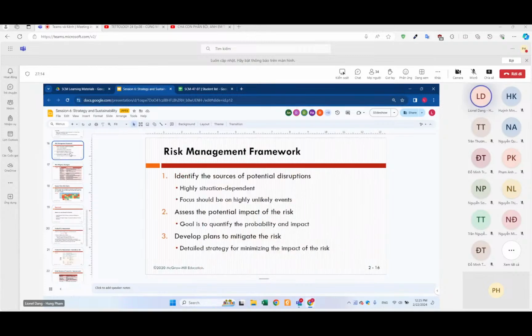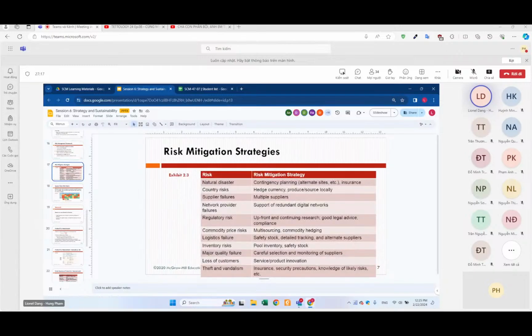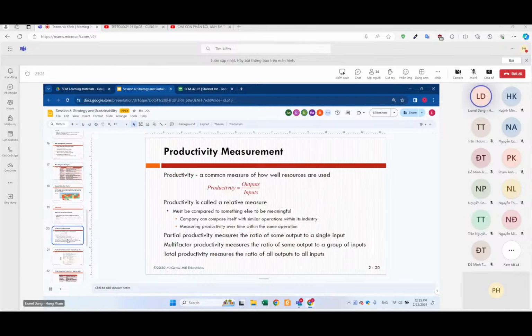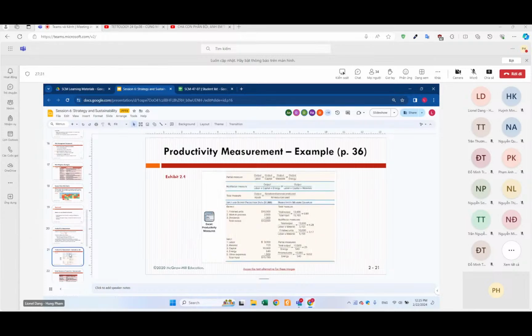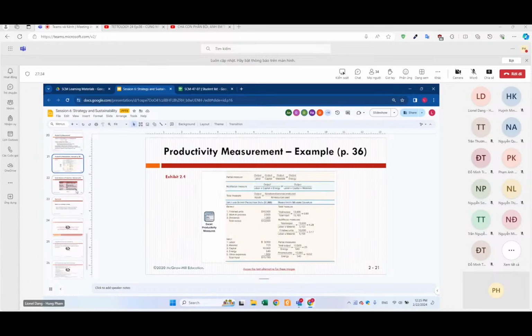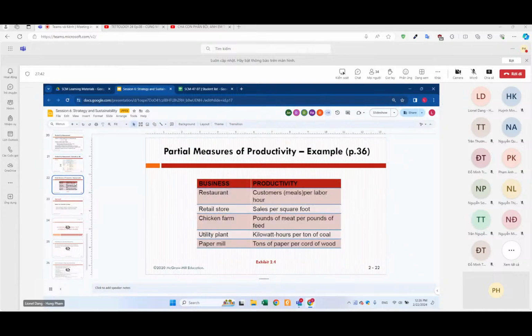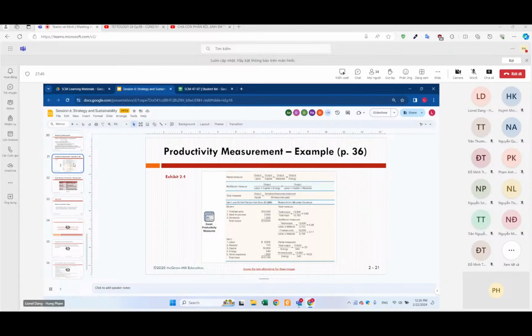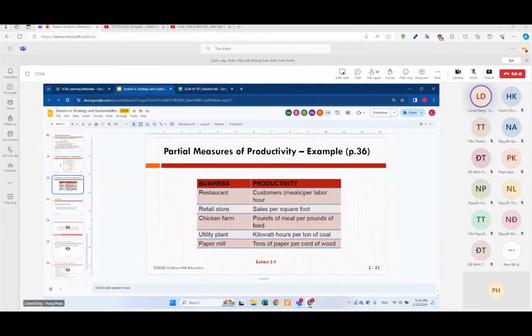EM2, you work on slides 17 and 18. EM3, you work on slide number 20 and 21. And the last group, you work on slide number 22.